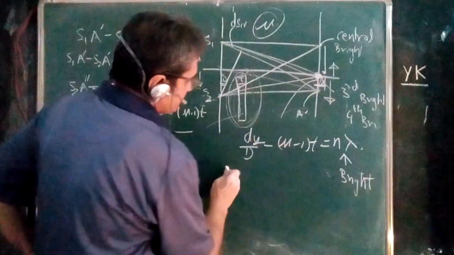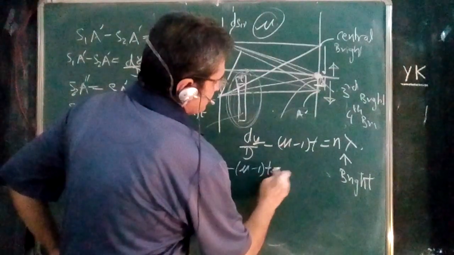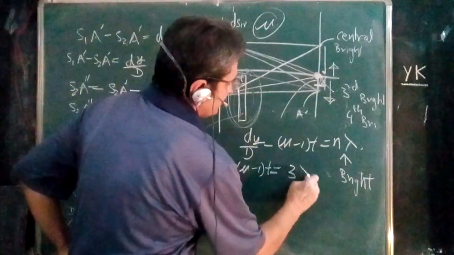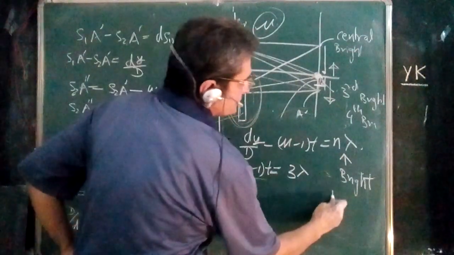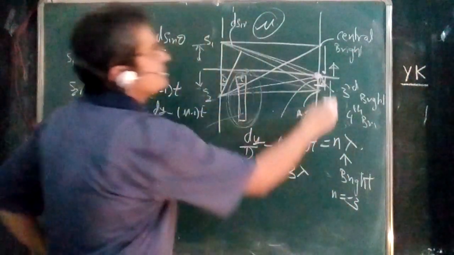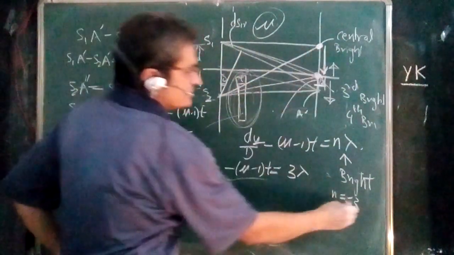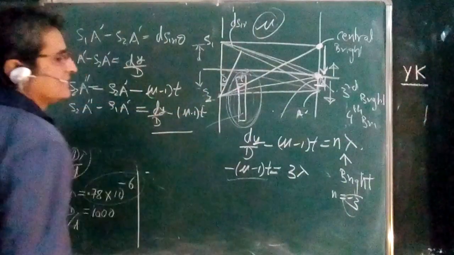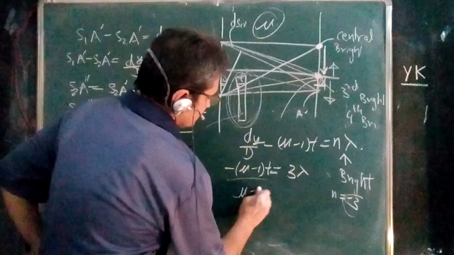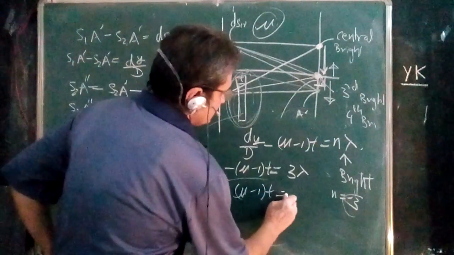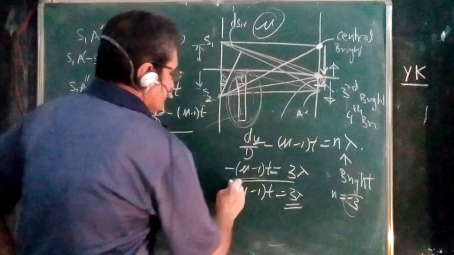Put y is equal to 0, so you get minus mu minus 1 into t is equal to 3 lambda. How can it be minus? Actually here n has to be taken as minus 3 because you are coming down. This is the central fringe here, and it is actually minus 3. Otherwise you can't get lambda as negative. So you get mu minus 1 into t is equal to 3 lambda. This is one condition we have got.